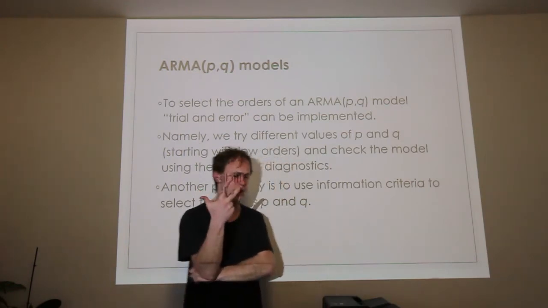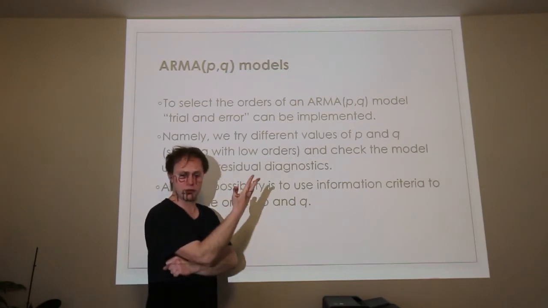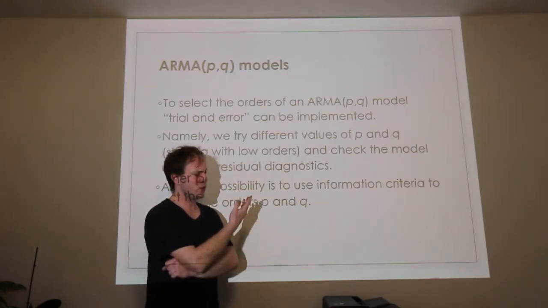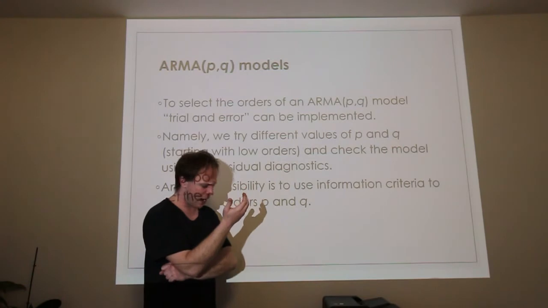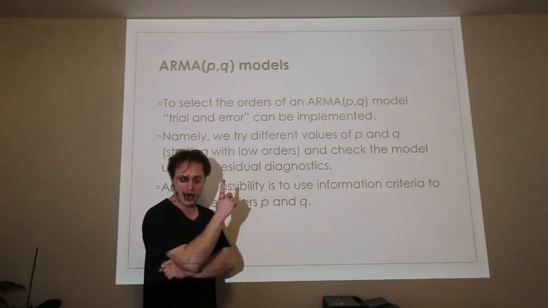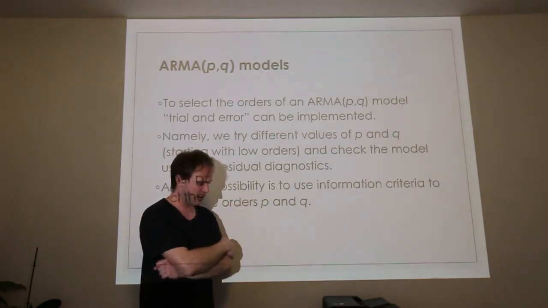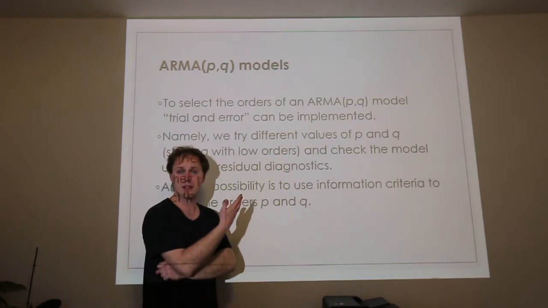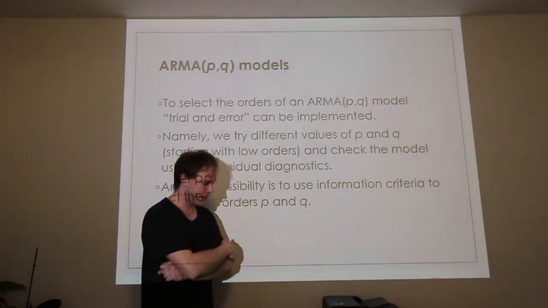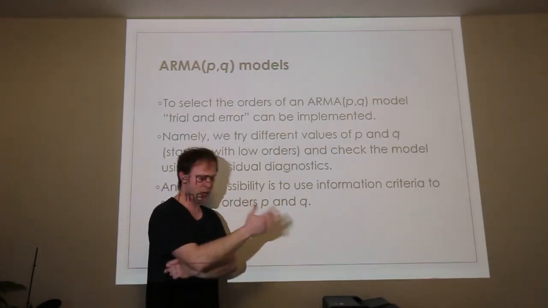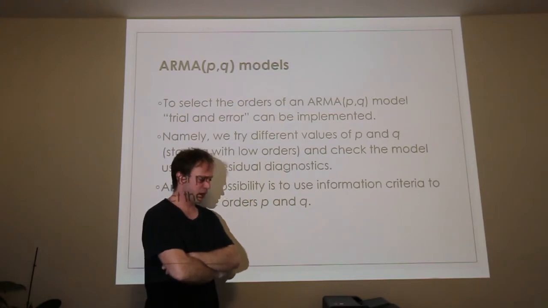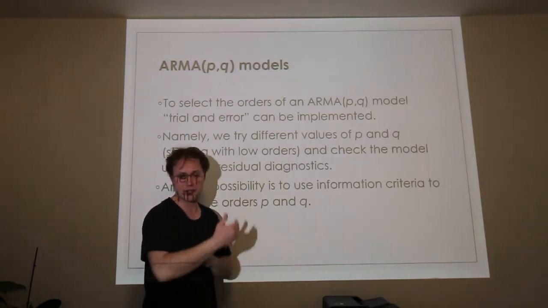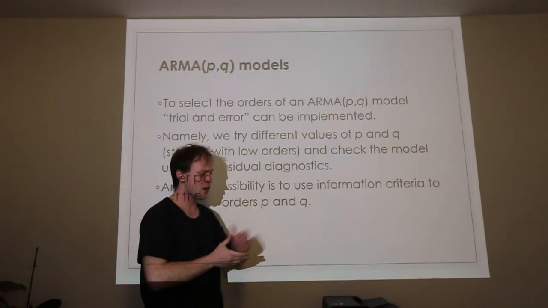The Schwarz criterion in other software, maybe for example in RStudio, is named the Bayesian information criterion because Mr. Gideon Schwarz was a Bayesian statistician. So in other software, this criterion is named the Bayesian information criterion after Schwarz.